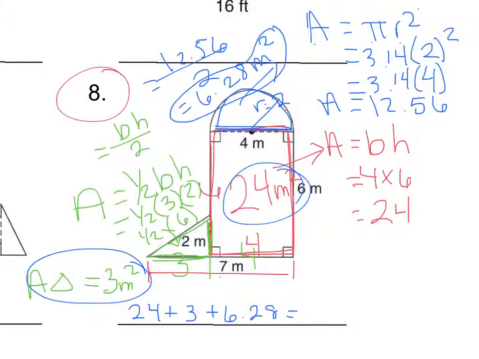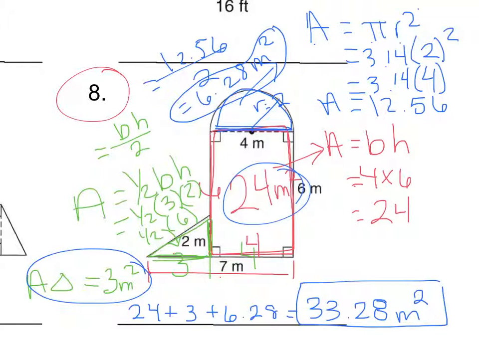All of those added together are going to be the area of the entire composite figure: 33 and 28 hundredths meters squared. And you have found the area of one composite figure. Good luck!